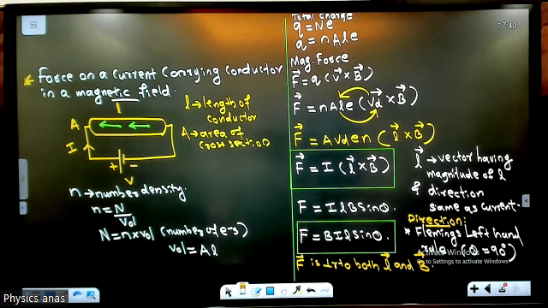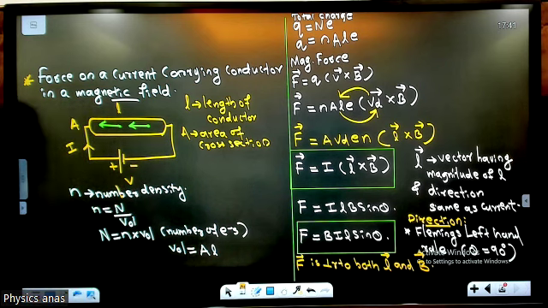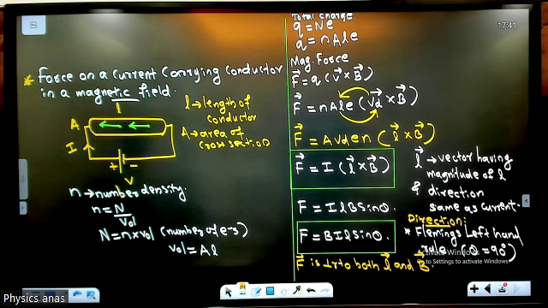This is based on resistance and also we have discussed this paper. Okay.